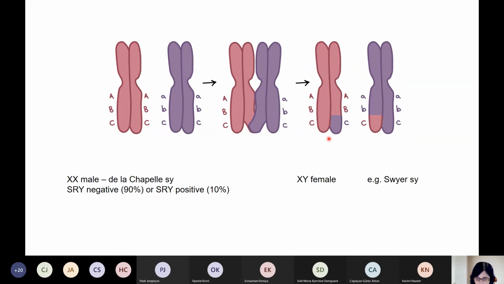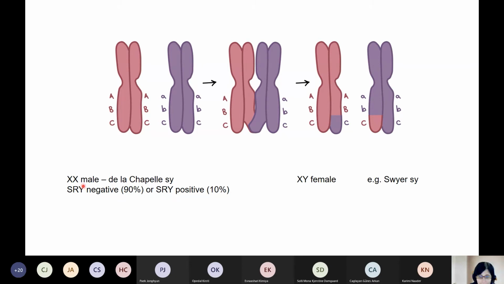Very rarely, it could also happen that this gene which is exchanged is exactly that SRY gene or another very important gene causing testis development, or a gene which plays a very important role during the testis development.